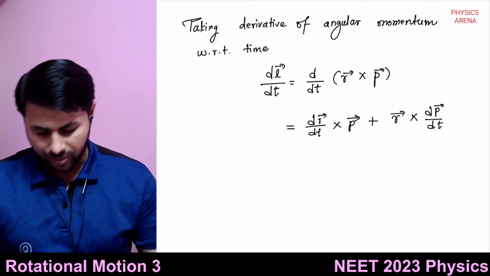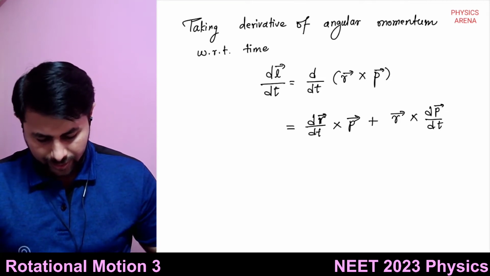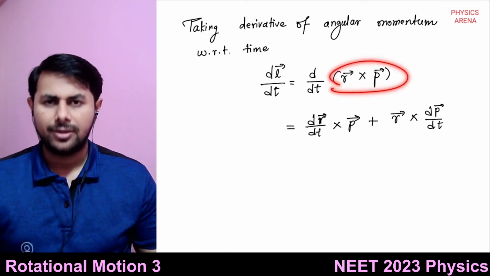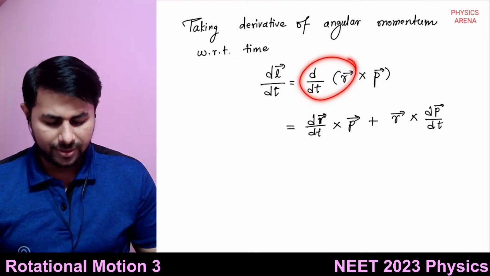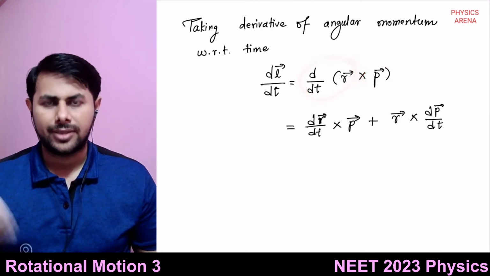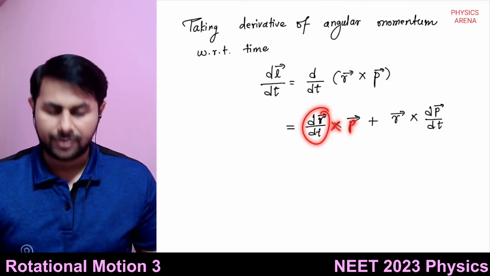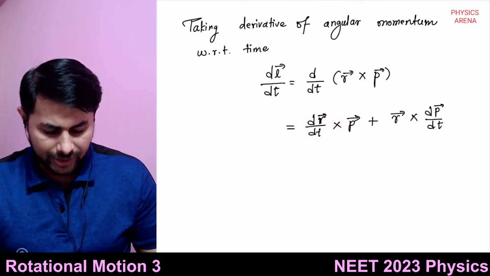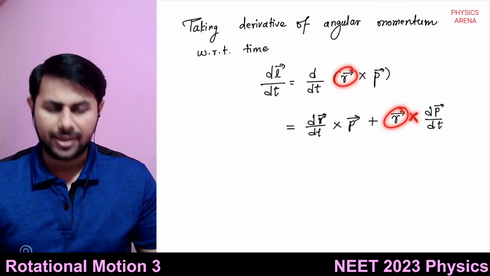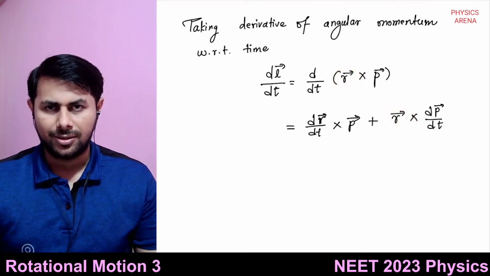If you have a product of two quantities, what is the derivative of that product? It's the derivative of the first quantity multiplied by the second quantity as it is, plus the first quantity as it is multiplied by the derivative of the second quantity.